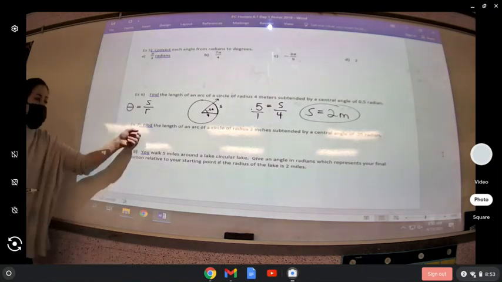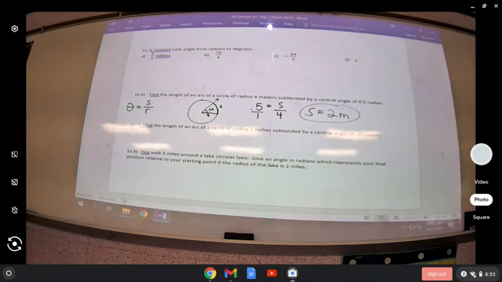All right? You guys try 7. Find the length of an arc of a circle of radius 2 inches, subtended by a central angle of 0.25 radians. So now what's the length of an arc created by an angle that is 0.25 radians big on a circle that has a radius of 2 inches?